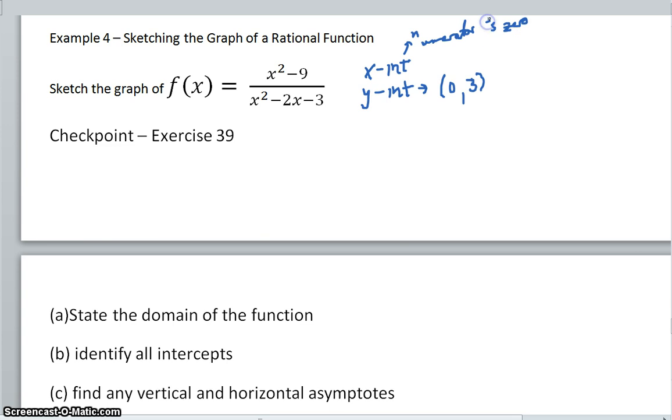So where is the numerator 0? Well, if you solve this, you can solve that by completing the square using square roots. You're going to get either plus or minus 3. So I have two different x-intercepts this time.